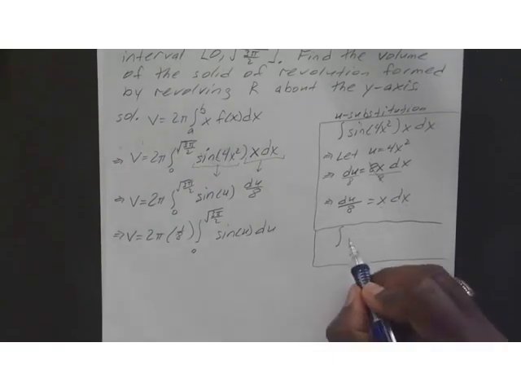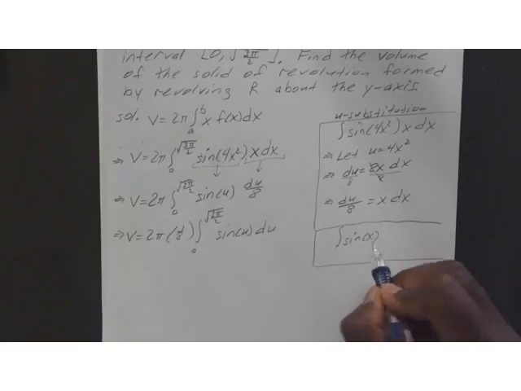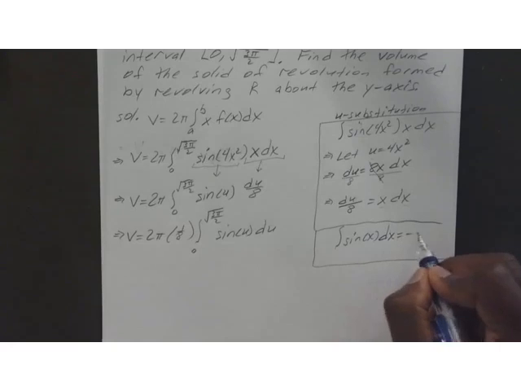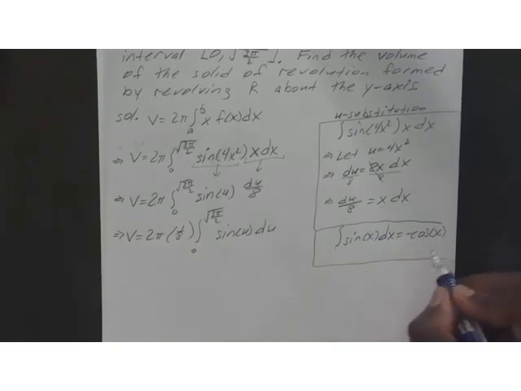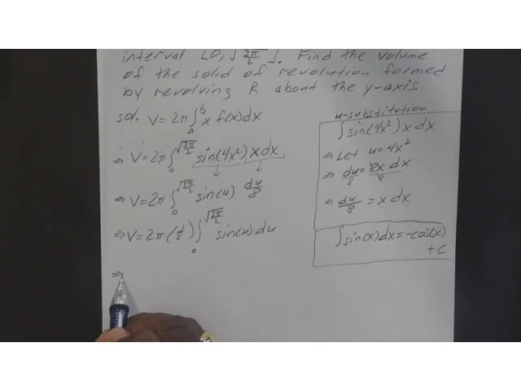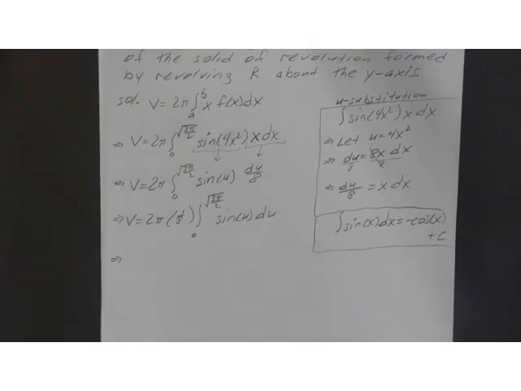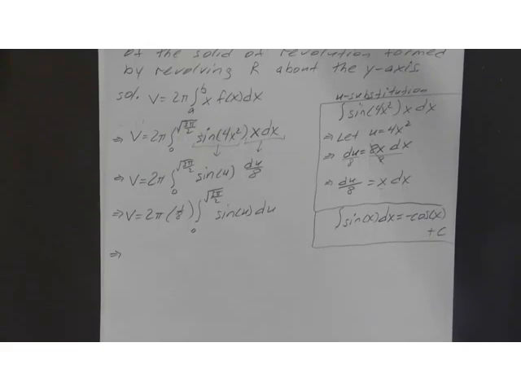Well, we know that the integral of sine of x or sine of u doesn't matter. It's just negative cosine. Well, plus c, but we have a definite integral, so we don't have to worry about the plus c. So if we simplify, but combine those two, 2 pi times 1 over 8 is just 2 pi over 8 or pi over 4.